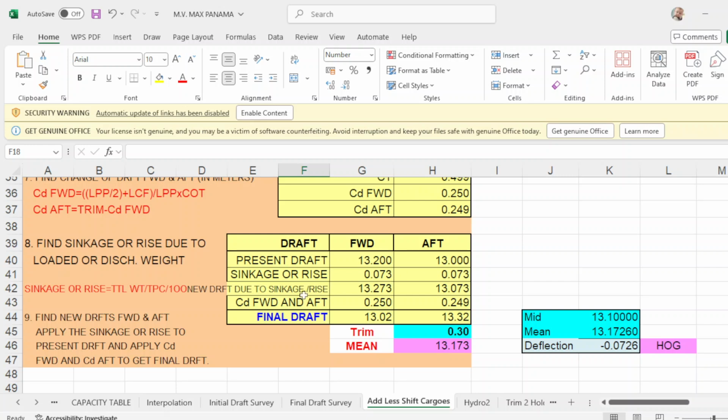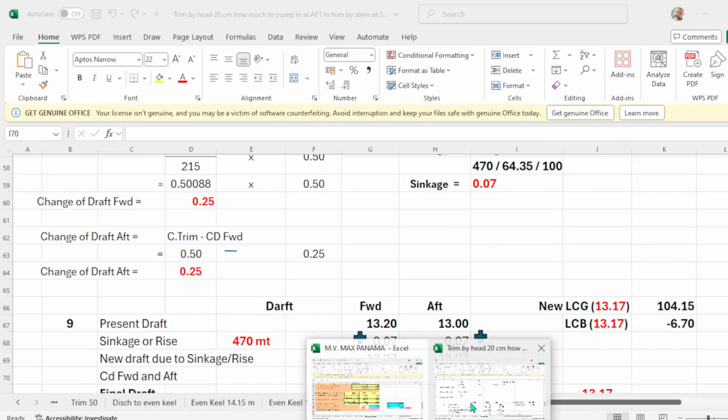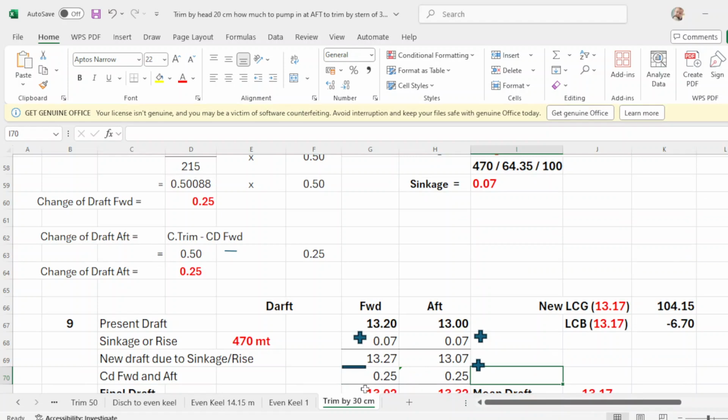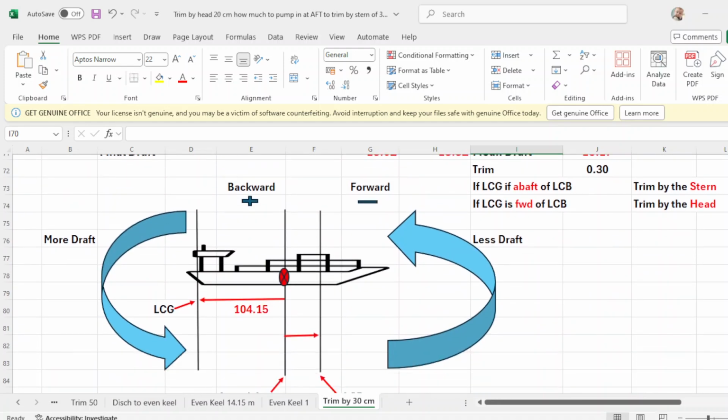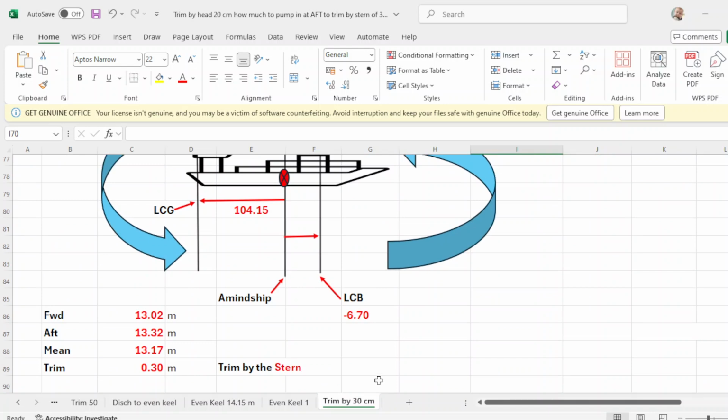with this one. Okay, and your change of drop forward and aft, forward will be 25, this one will be almost 25, then your change of drop by manual calculation is 25 as shown on this figure here. Okay, and this LCG and LCB is from your mean drop of 13.17. So your LCG is 10.15 and LCB is negative 6.70 as I took it from the hydrostatic table.